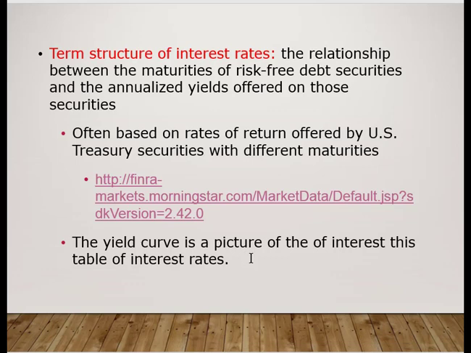What that means is short-term Treasury bonds and Treasury bills have lower rates of return than long-term Treasury bonds. That's what we typically think should be true, right? You should get less return for investing or borrowing short-term than for long-term.